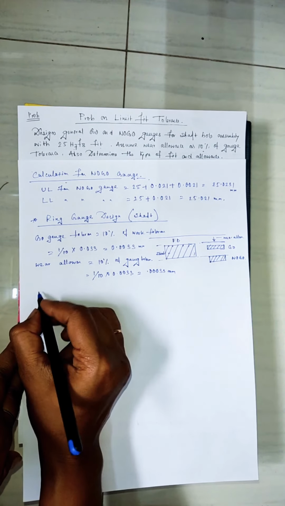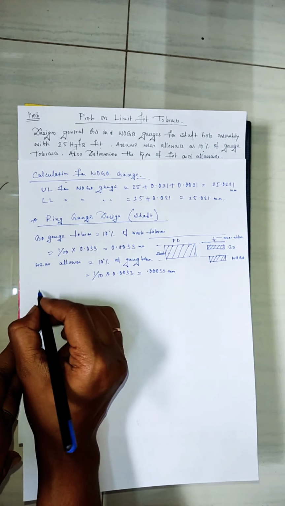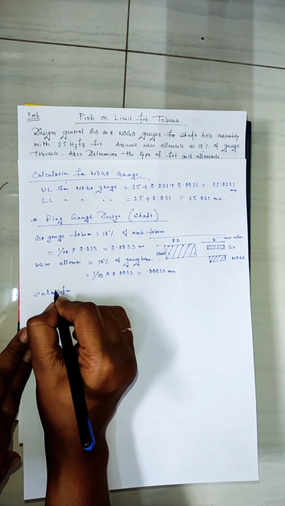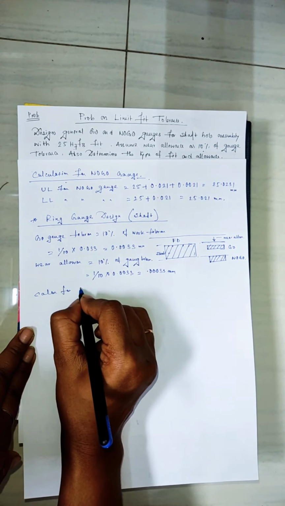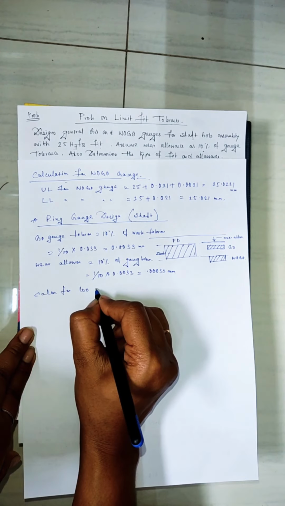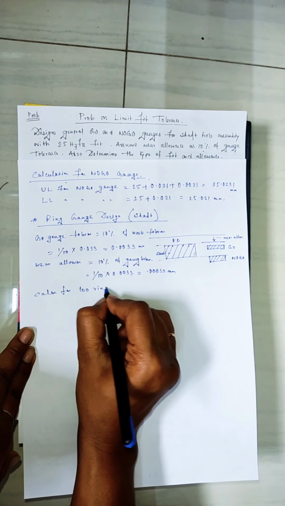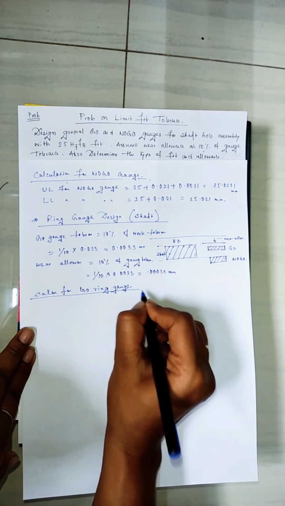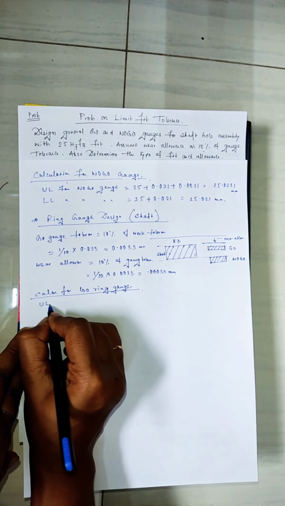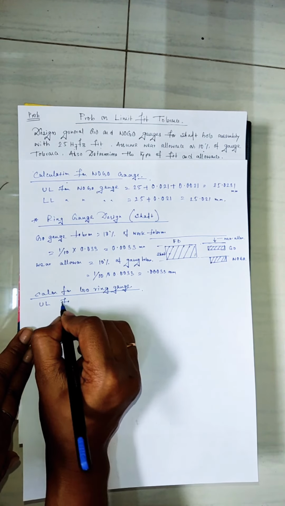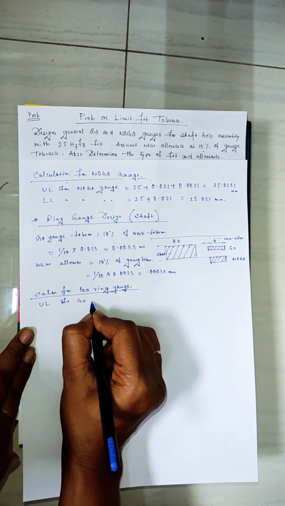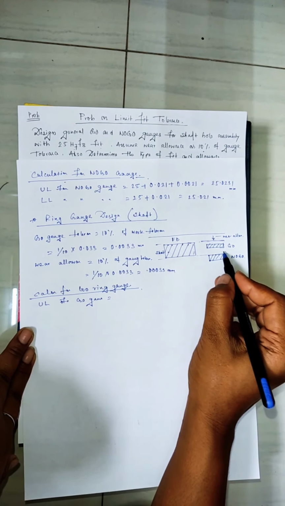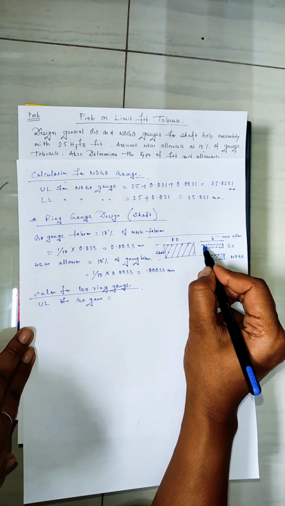So now the same formula, same calculation. Calculation for go ring gauge. So the upper limit of go gauge means this value, right?